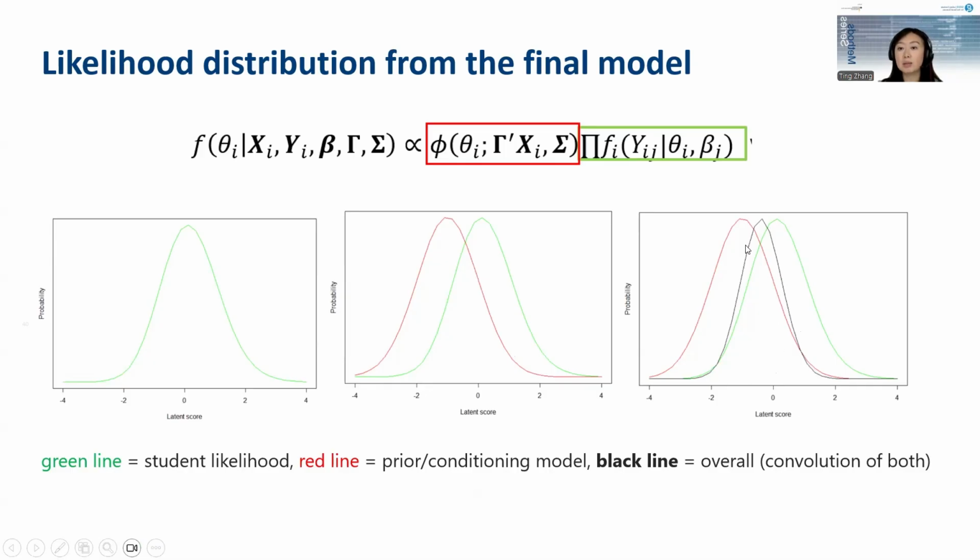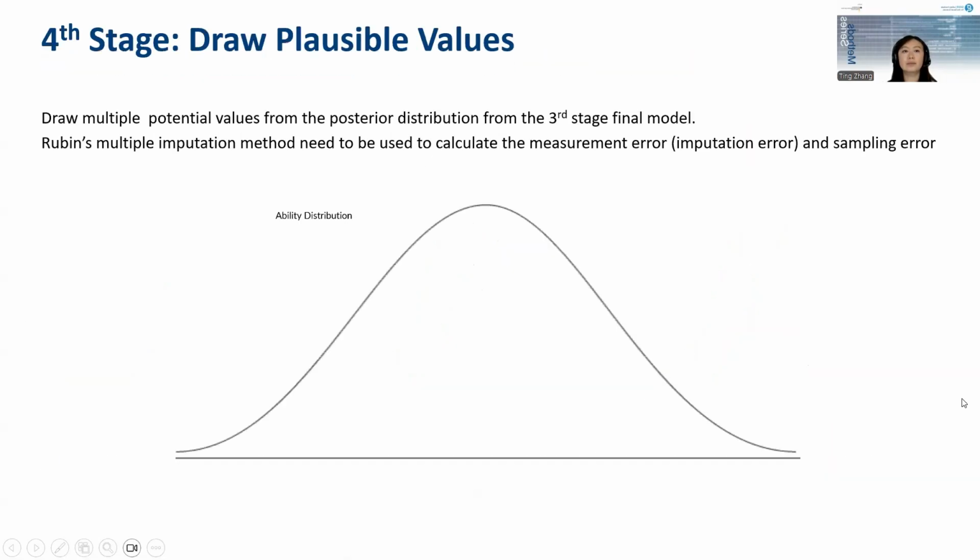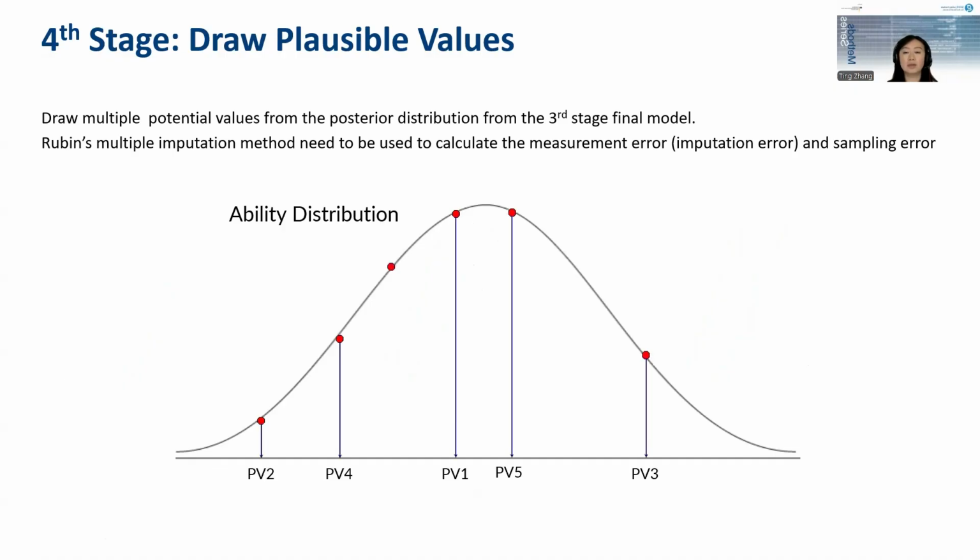So we draw plausible values, 10 plausible values, from this final distribution. All right, so again, just an illustration of how we do that from the posterior distribution from the third stage.